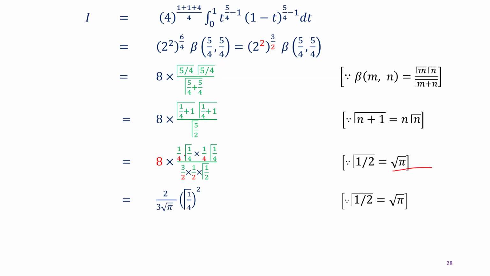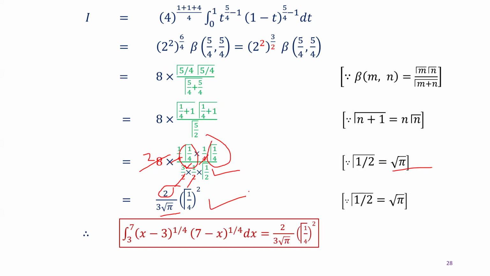Therefore, 1 by 4 into 1 by 4, this 2 will cancel, 4 will cancel, and 8 by 4 gives 2 in the numerator, 3 in the denominator, and gamma 1 by 2 is equal to root pi, and gamma 1 by 4 into gamma 1 by 4, 4 square.